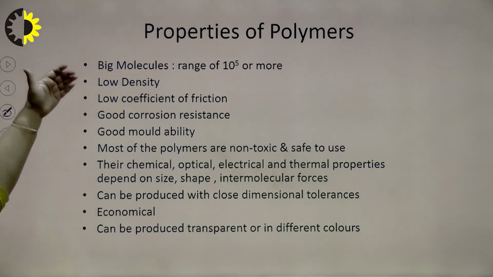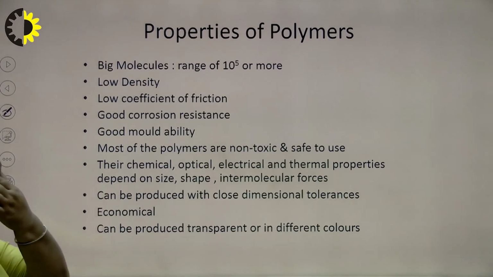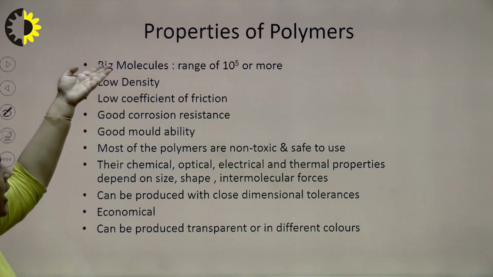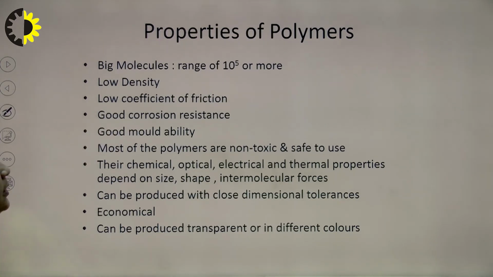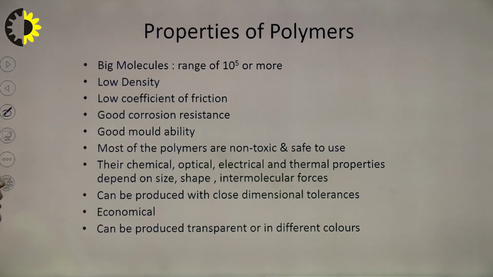Now, I finished this introduction and classification, then properties, and then drawbacks. So, due to these properties, polymers are indispensable in everyday life. Low density, high molecular weight molecules, low coefficient of friction, good corrosion resistance, good moldability. They are mostly non-toxic or safe.